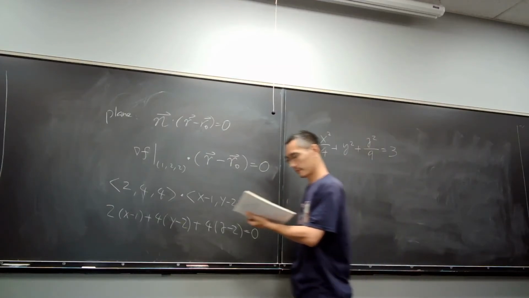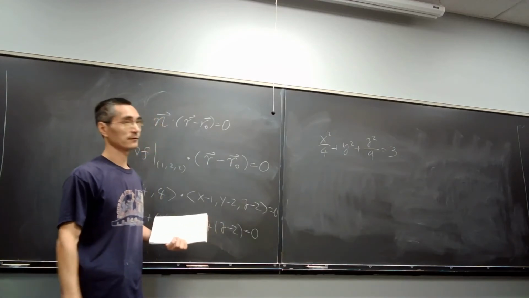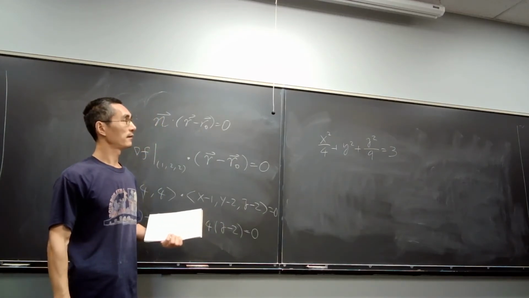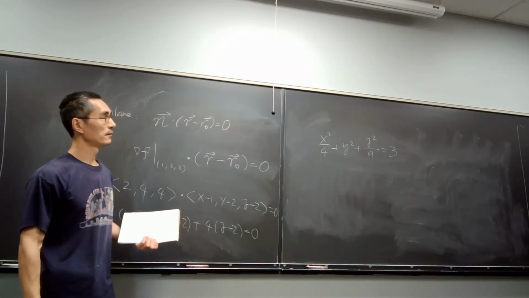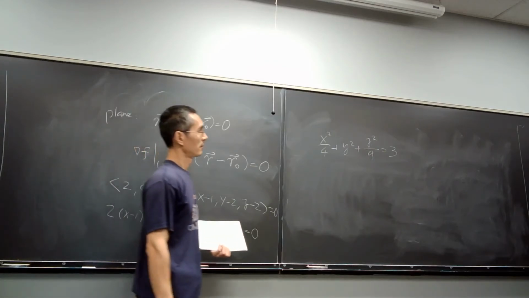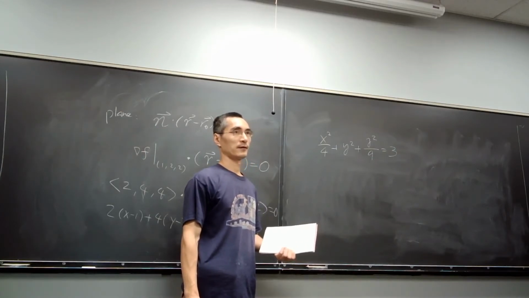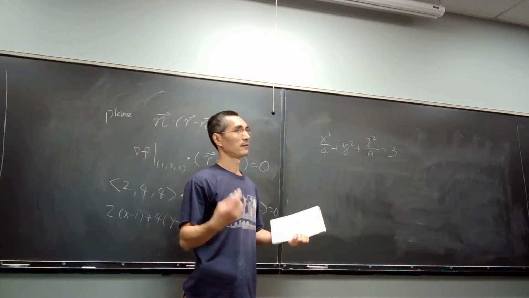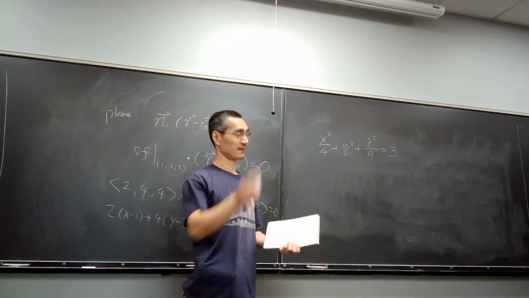Okay, this is an equation for a surface. Can you imagine what kind of surface? It's a 3D ellipse. Yes, exactly.